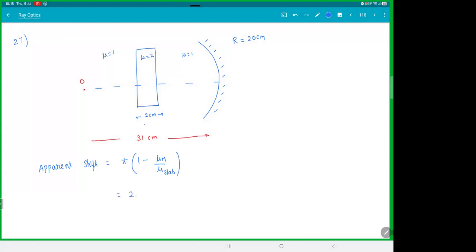That would be 2 into 1 minus half, which is 1 centimeter. That means the light rays which are going from here, whatever they do, it will feel they are coming from this position here, O dash. This is the shift.